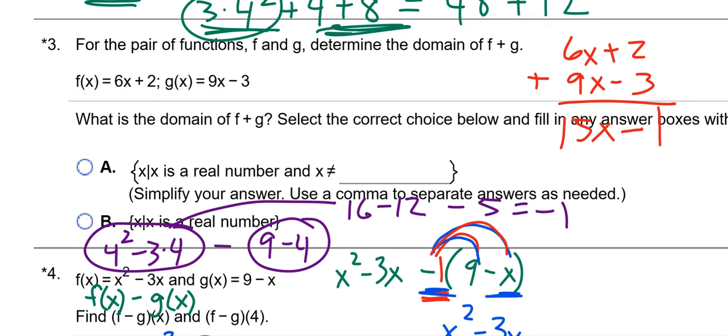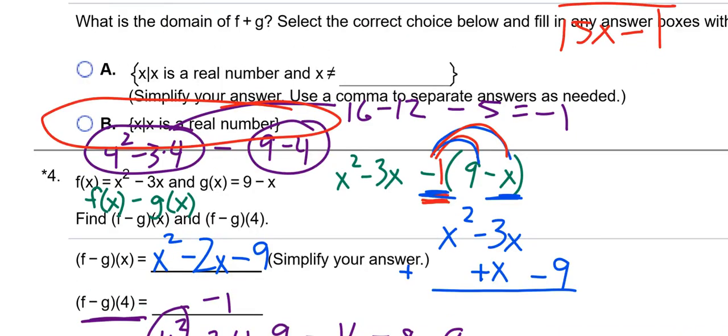If you say A, then you got to tell me what number in the universe you can't put in there for x. But if you think you can multiply every number in the universe by 15 and subtract 1, well then guess what? You're going to be choosing letter B. And that's exactly what you need to be realizing. If you don't see a denominator, then there's no exception. The exception is the part that's coming from that denominator of the fraction.